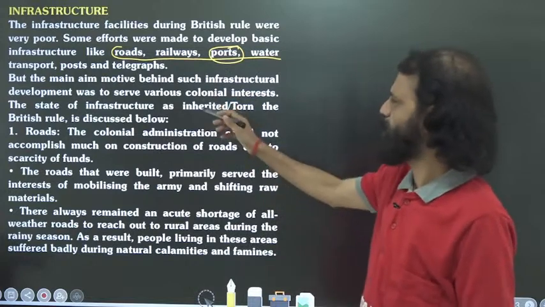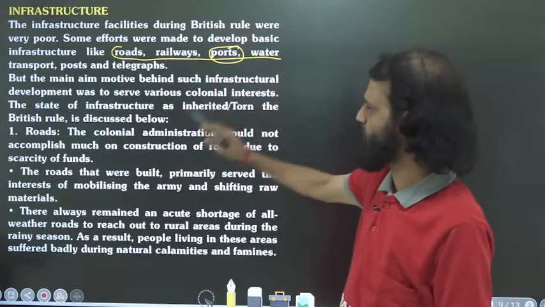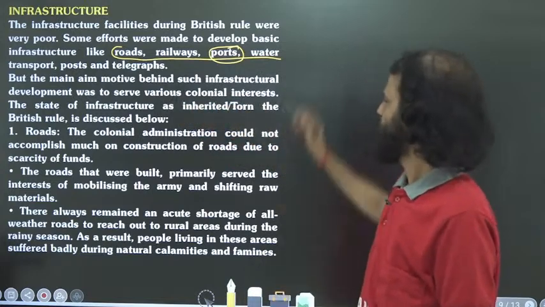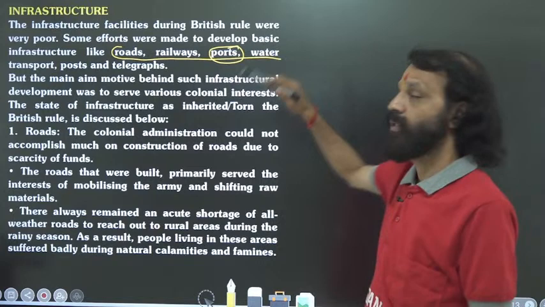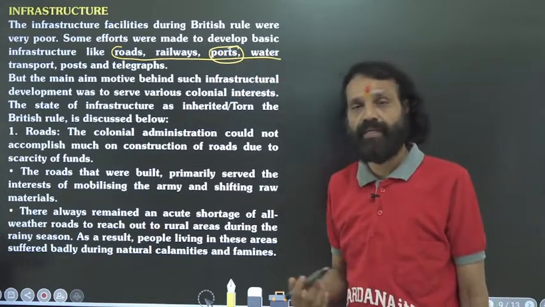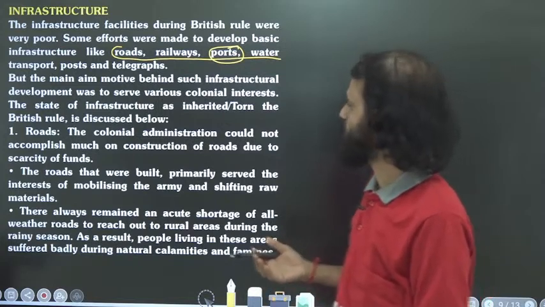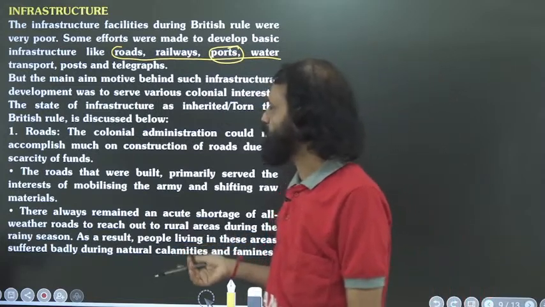But the main motive behind such infrastructure development was to serve various colonial interests. Their ultimate aim was to develop their own economy and their own power in India. They wanted to administer their power in India.